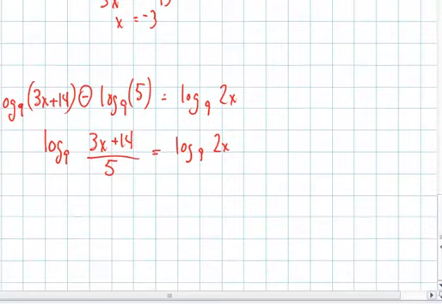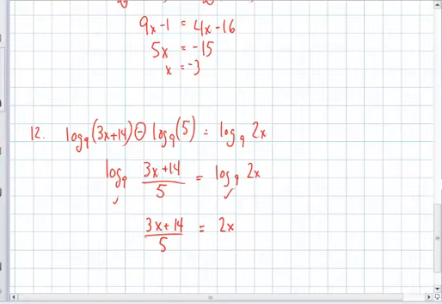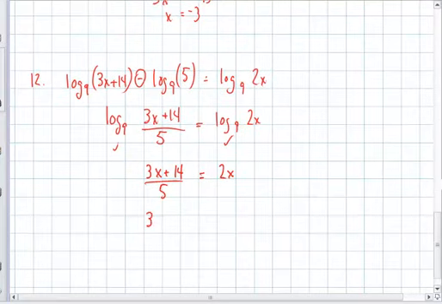Because now you have a single log on each side, you just set the interior of the logarithm equal to the interior of the other logarithm. When you cross multiply, you get x equal to 2. And you should always go back and check that by plugging that in.